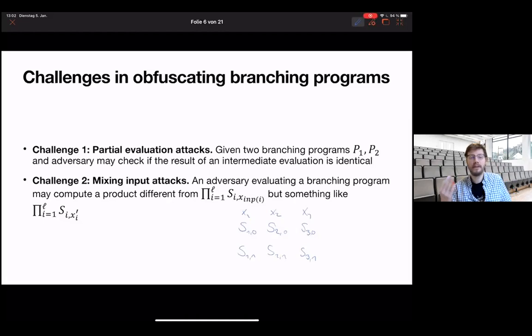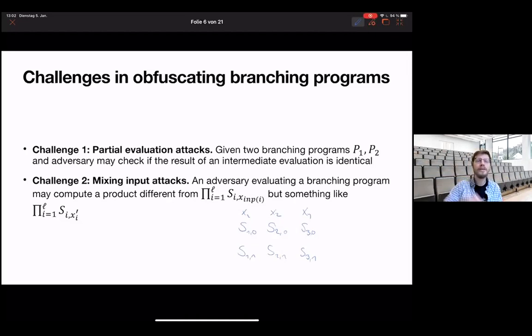That's what this input function, recall, dictated. It maps an index in the branching program, an index of a column, to an input bit. And the actual power of branching programs comes from the fact that they correlate these indices with certain input bits.